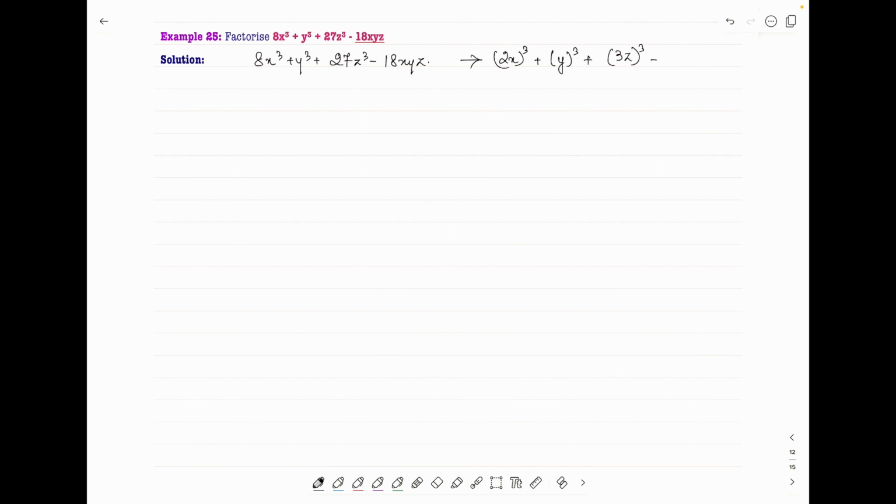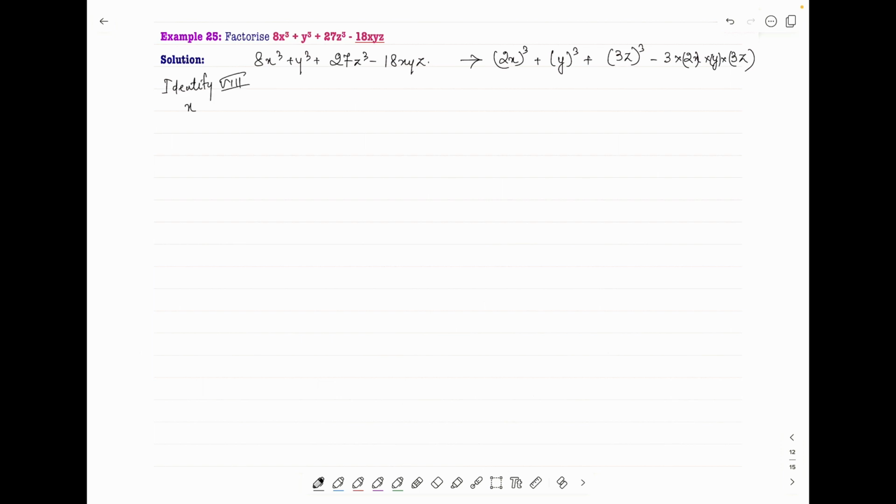That will be 3 into 2x into y into 3z. If you do 3 into 2 is 6, 6 into 3 is 18, 18xyz, you are getting it. So it is written here as 3 into 2x into y into 3z. Got my point? So this is in the form of identity 8 we learnt.